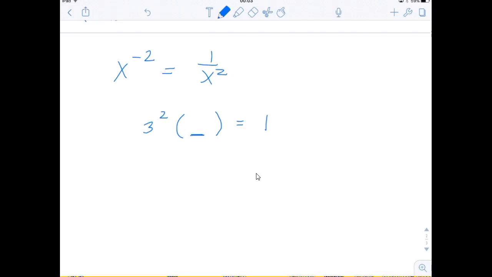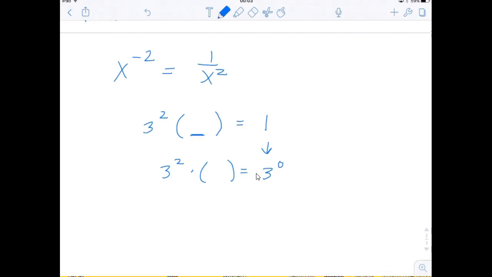Okay, so let's see. First of all, this might seem a little weird to bring up now, but remember that 1 is 3 to the 0. I'm going to write 3 to the 0 here instead of 1. Then I'm going to put 3 squared, and then I'm going to figure out what do I multiply times 3 squared to get 1?